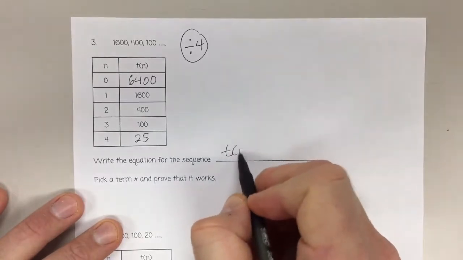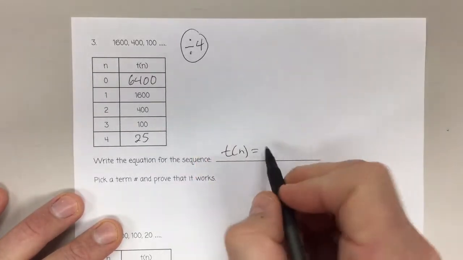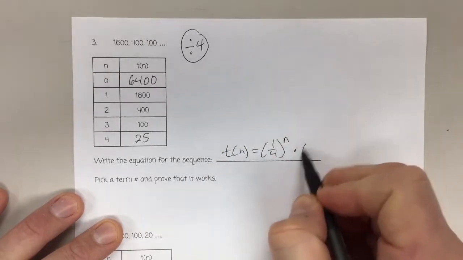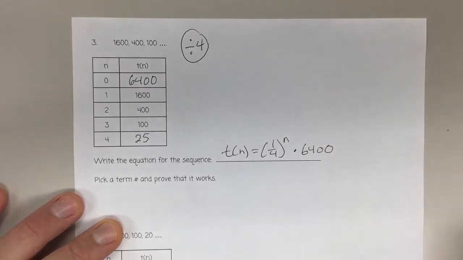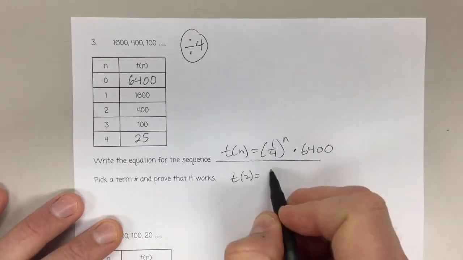The equation for the sequence would be t sub n equals, divided by 4 is 1/4 to the n times the 0 term. To test to see if it works, I'll try term 2.